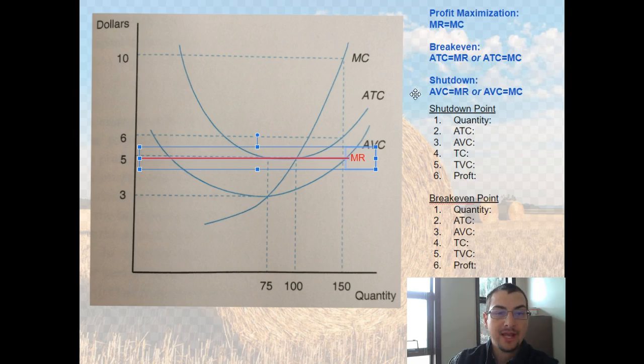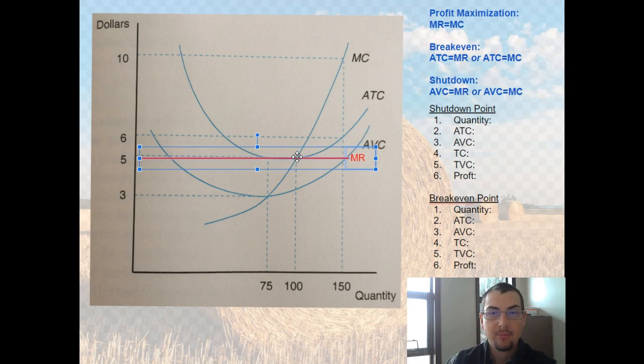Now, we know that average total cost equals marginal revenue, but we can also say that average total cost equals marginal cost, simply because you always have to produce where marginal revenue equals marginal cost, so you follow that marginal cost curve, and it's at that point where marginal revenue equals average total cost, and we can also see that at that same point marginal cost equals average total cost.